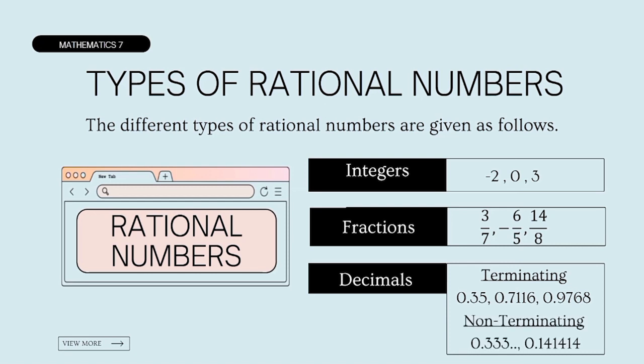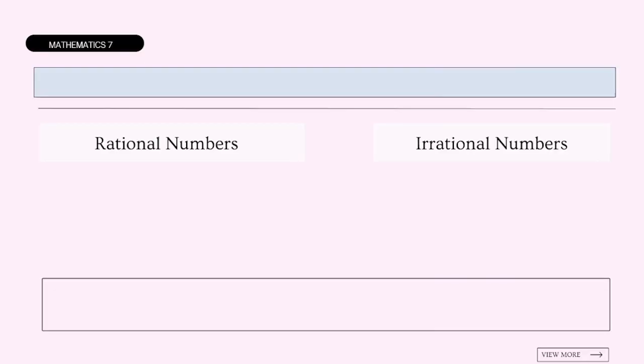While non-terminating decimals with some repeating patterns after the decimal point, such as 0.333 and 0.141414, and so on, are also rational numbers. These are popularly known as non-terminating repeating decimals.